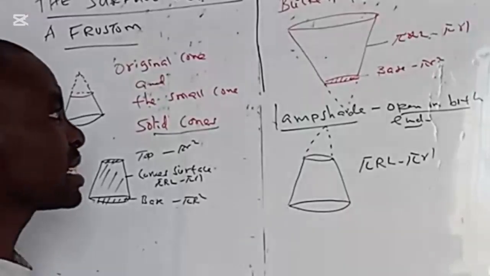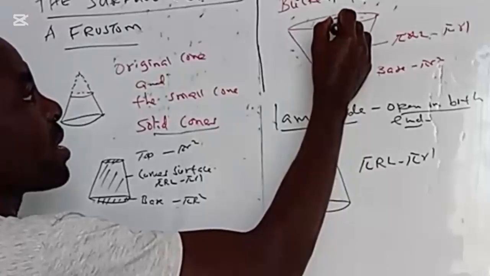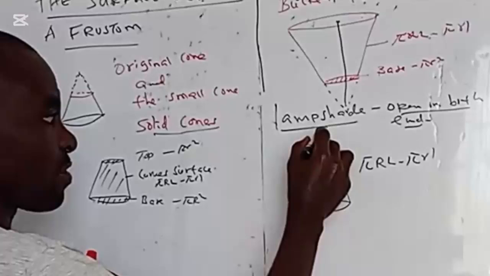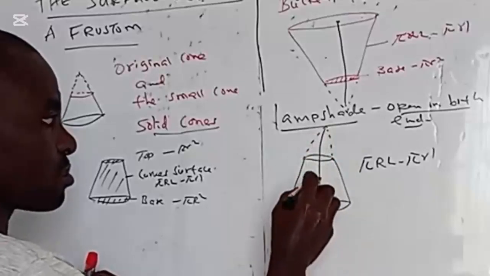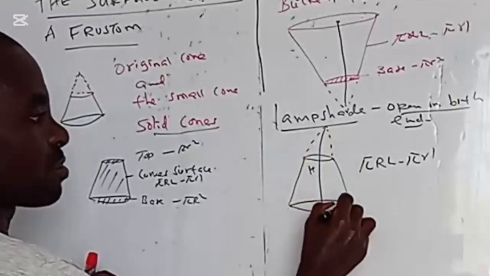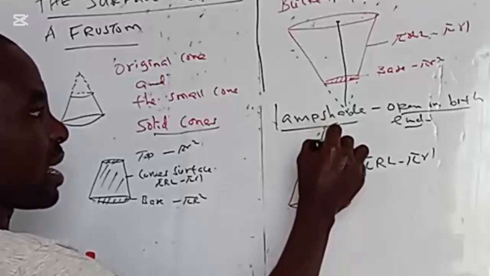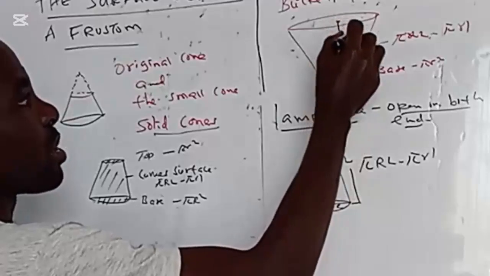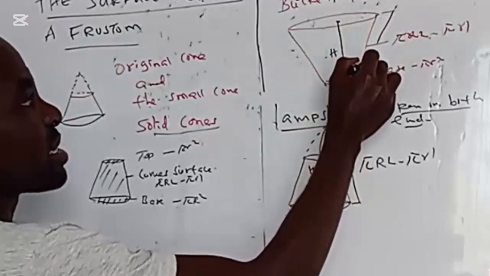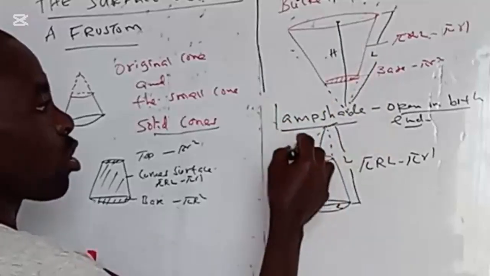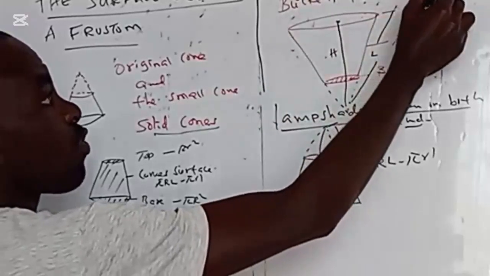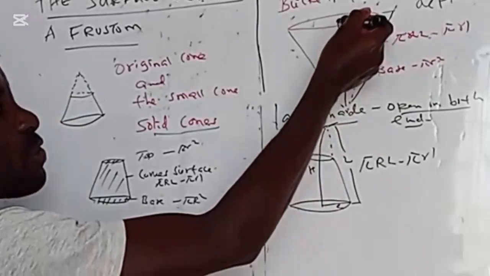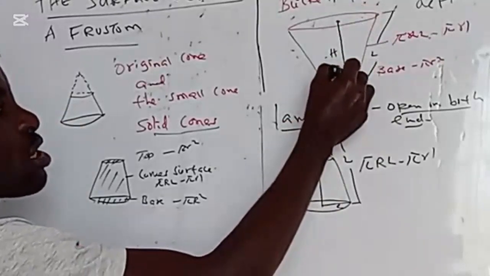And as you shall see, we will have the vertical height, which is H, we'll have our r, and then we'll have the one which is leaning, which is L. So this is capital H, then this is our L. In case of a bucket, when we talk of the depth of the bucket, the depth is the height from this point to this point.